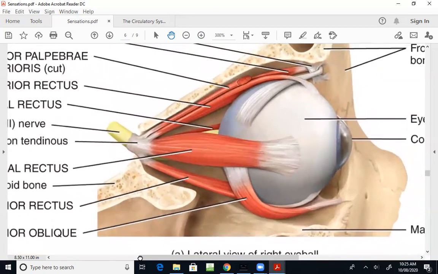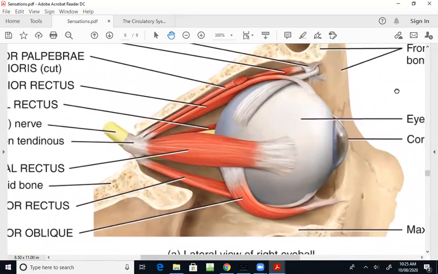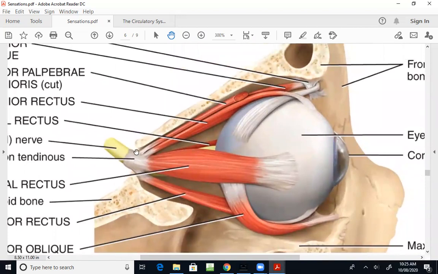Whereas the superior oblique also starts like the superior rectus, all the way back here, and it comes up towards the front of the eye. It's not this one, but it's behind it. It then hooks around and takes a right turn and connects to the lateral half of our eyeball.